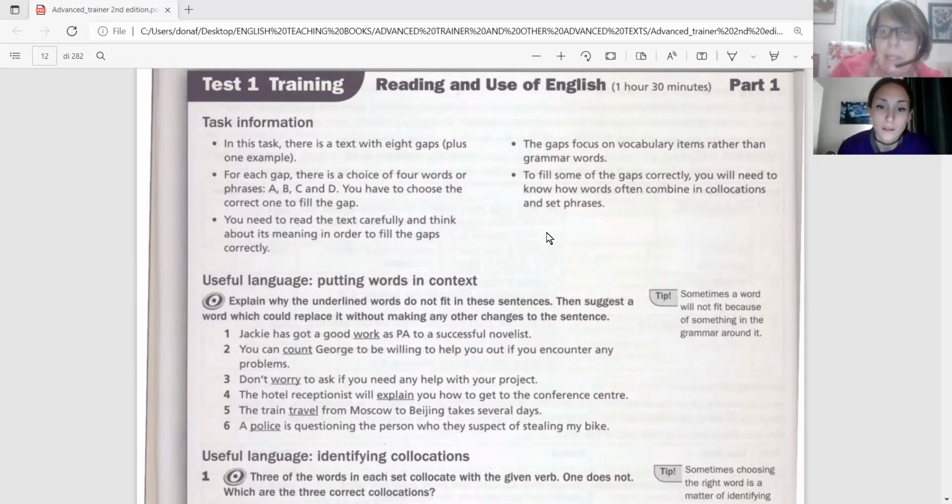I gap, per cui tutto ciò che è vuoto. In più c'è anche un esempio, ti danno sempre un esempio all'inizio, per cui la prima risposta è già completa e tu parti dalla numero 1, perché la chiameranno 0 e poi metteranno 1. Quindi per ogni spazio c'è una scelta di 4 parole o frasi?